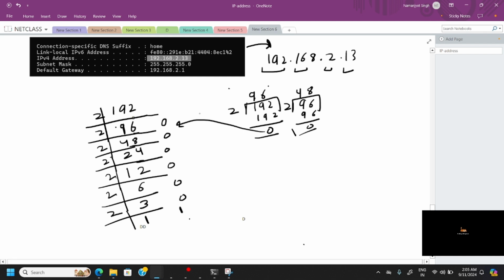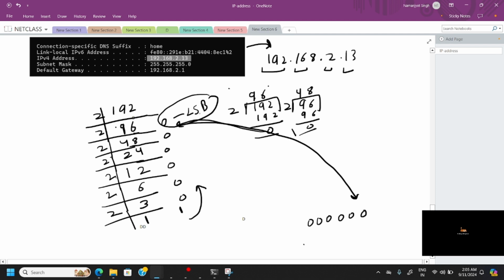So you read it like this, and this is the least significant bit. Least significant bit means the ending bit. So 0 0 0 0 0 0 1 and 1.